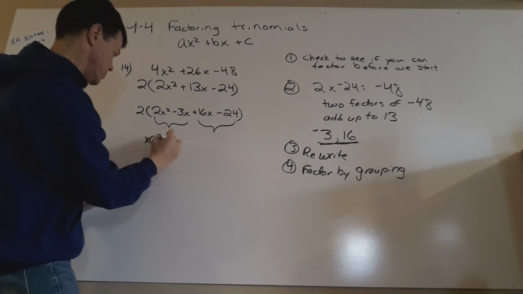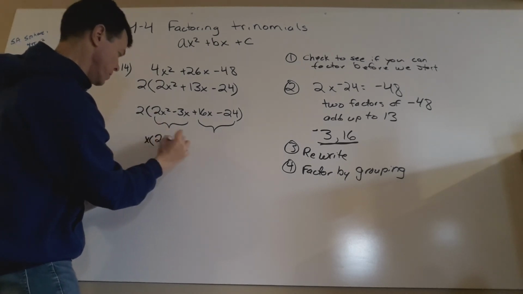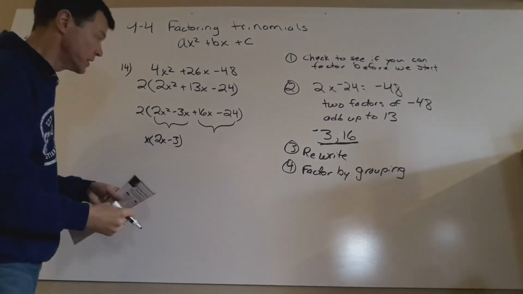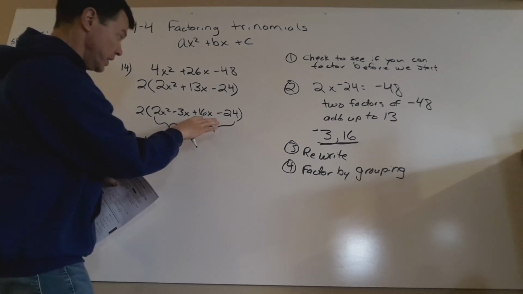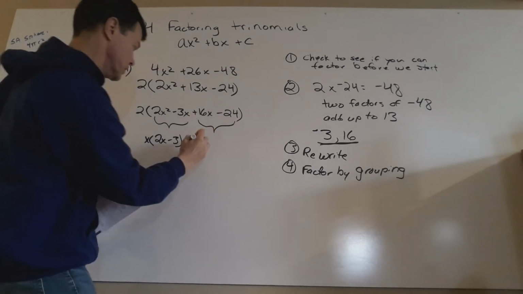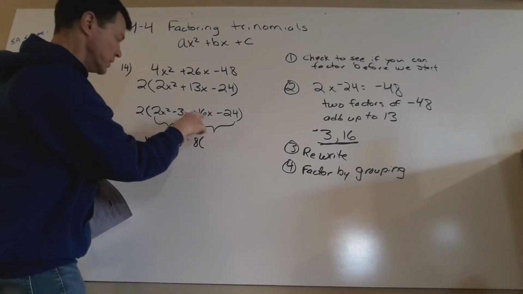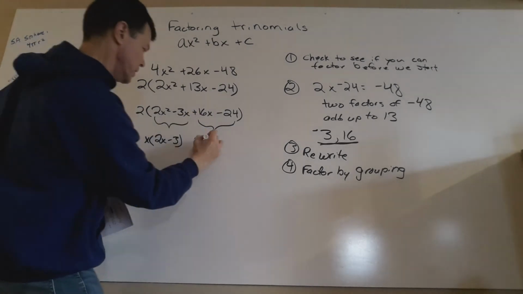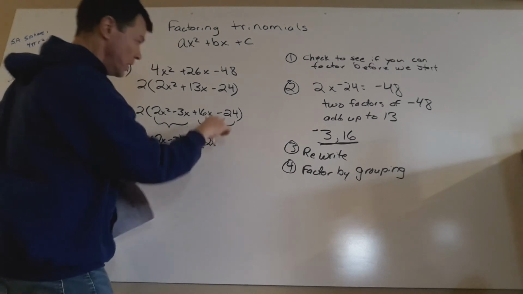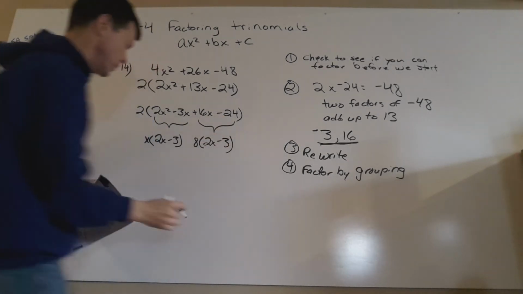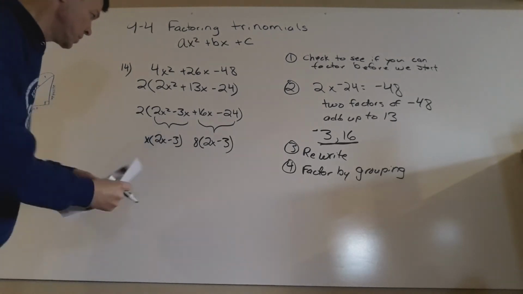So I've got 2x minus 3. And I want to work it out so it's 2x minus 3 on this side also. I need to factor out an 8, it looks like. It's a positive 8. So 16x divided by 8, it's going to be 2x. Negative 24 divided by 8, negative 3. And we've got our terms here.